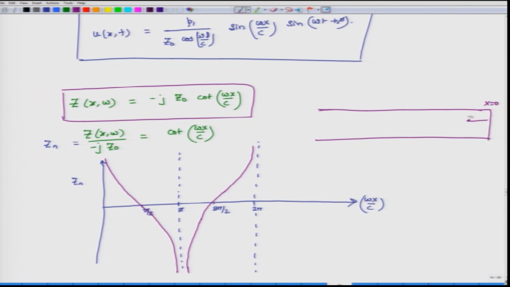As I move in this direction, initially the specific acoustic impedance is infinite, because x is equal to 0 here, and as I move, it starts dropping and gradually becomes 0, then it approaches negative infinity, and it just keeps on repeating this cycle. So this is how specific acoustic impedance changes. This is one part of the problem which I wanted to discuss.